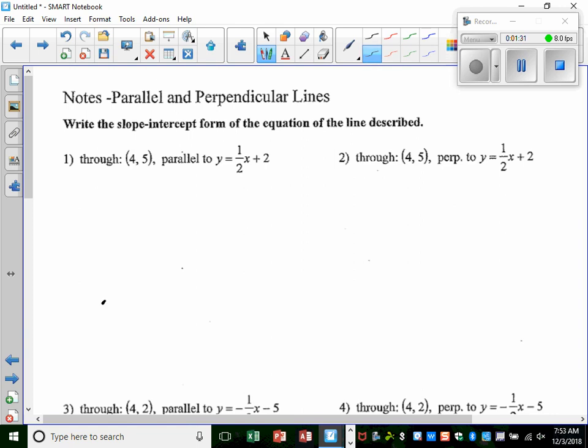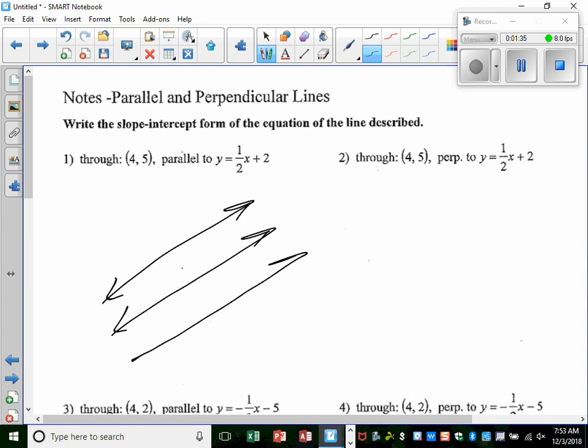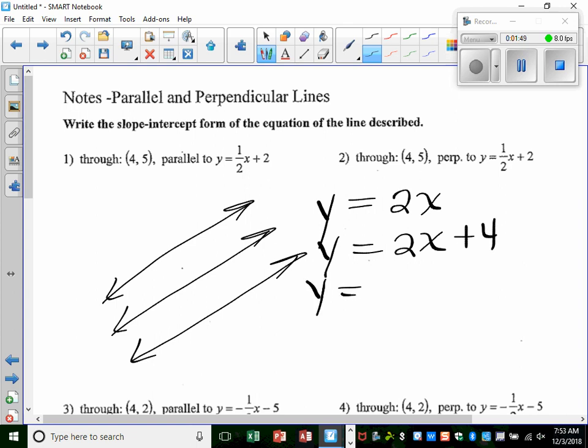Okay. Now, when you hit graph, you should see 3 parallel lines. Is that true? Okay, you should see 3 parallel lines. Now, going back to the y equals key, where I asked you to put in 2x and 2x plus 4 and 2x plus 6, what do you notice about all of these equations?